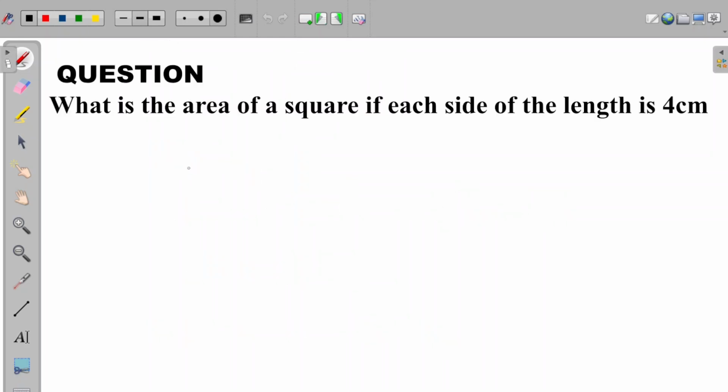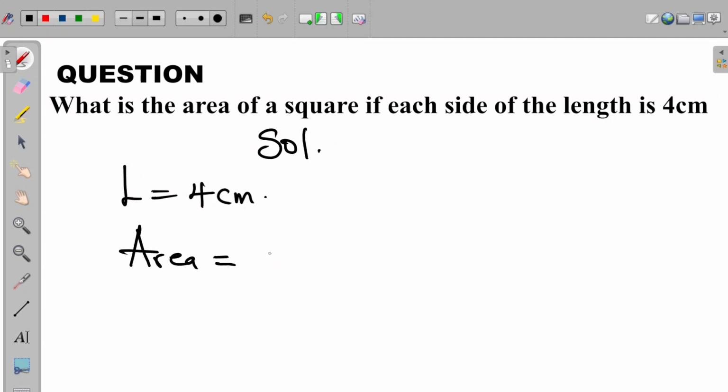So we have that, what is the area of a square if each side of the length is 4 cm? So we are given that length is equal to 4 cm. And we have obtained that area of a square is equal to length times length, which is equal to length squared.